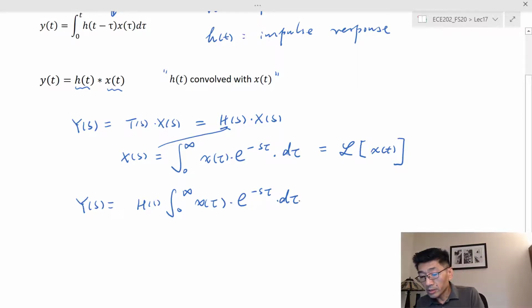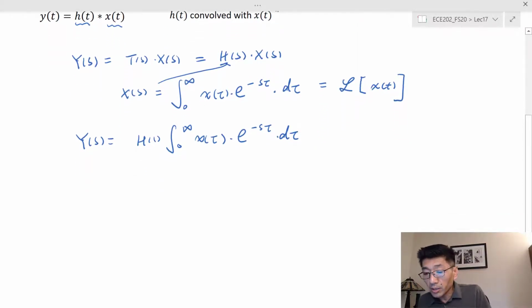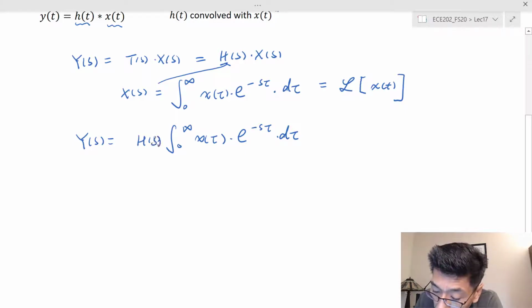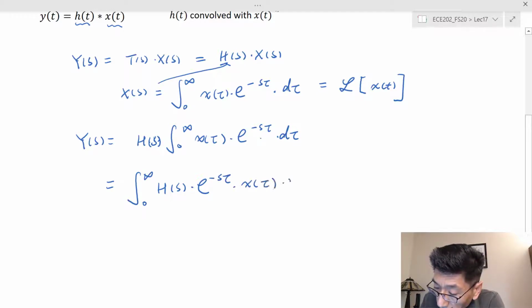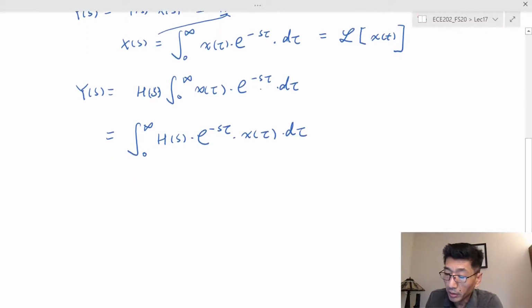Since the integral is with respect to tau, and H(s) is a function of s, I can move this H(s) inside the integral without really changing anything. And also I switch the position, e to the minus s tau and x(tau) d tau. So this is the integration. We didn't do much on this yet.